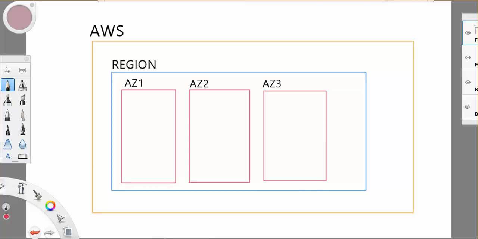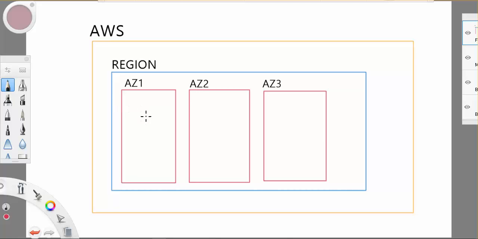Now, whenever you create your VPC, which is your virtual private cloud, the idea is that your virtual private cloud is going to reside inside of a region. What that means is that your virtual private cloud can contain EC2 instances, for instance, or database instances.